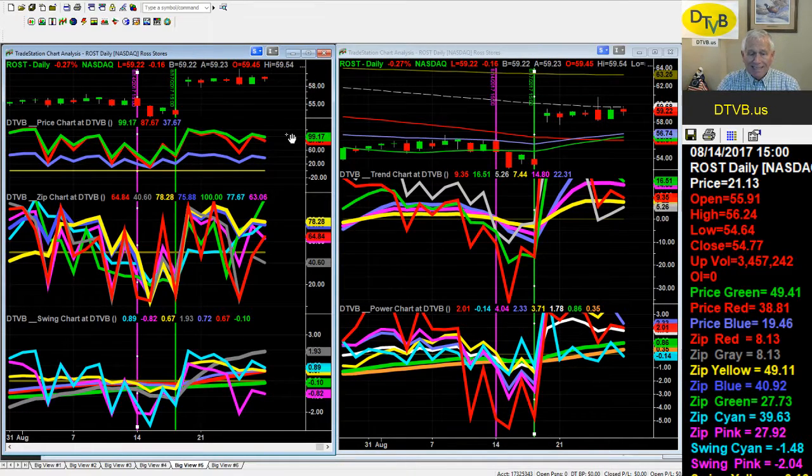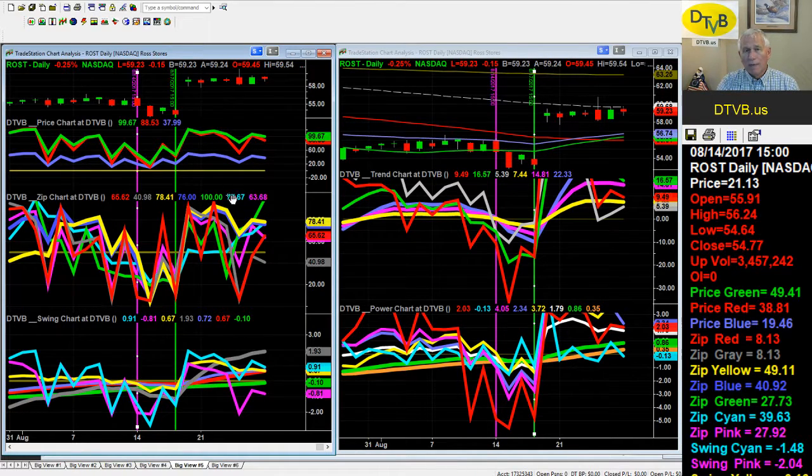It does not necessarily tell us about direction, but it implies something. For example, when zip red goes from 10 to 90, even though zip red is likely to come down the next day, price will go up.